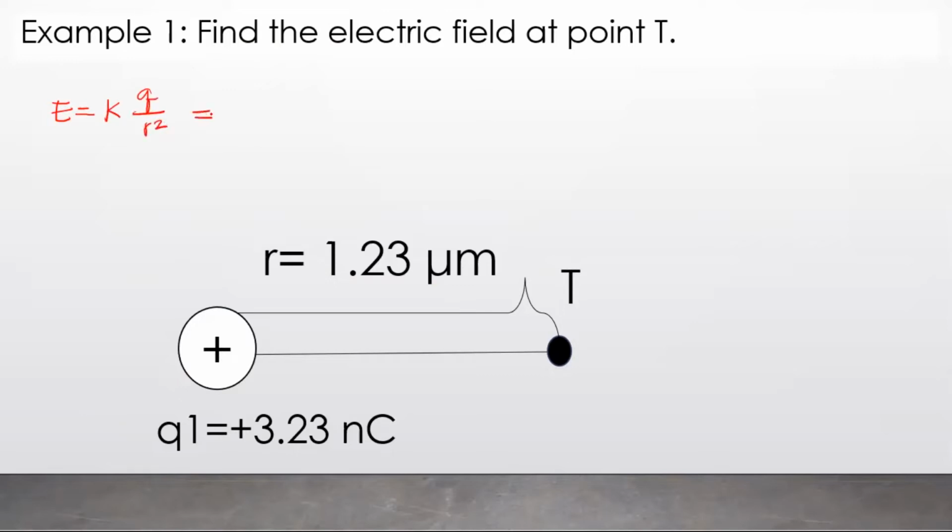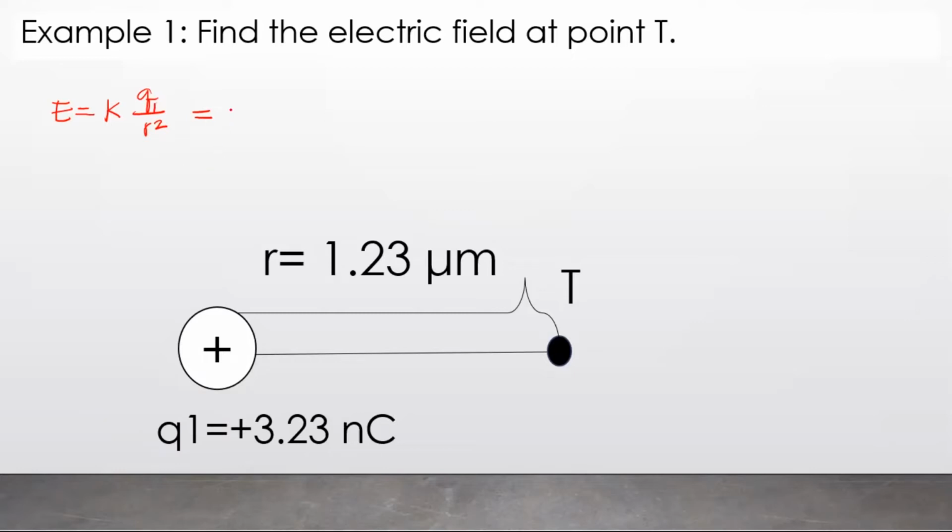Since only one charge is given, we don't need to label, but for proper representation you can label it Q1 or just leave it as Q. In your seats, you can try to solve the problem also.